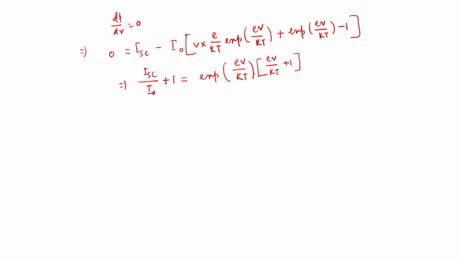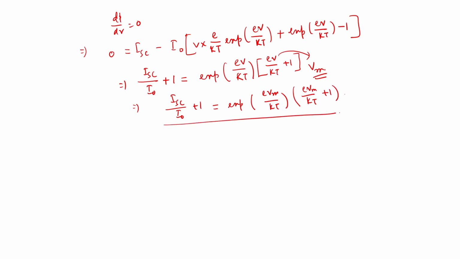And here this V is nothing but V max or Vm, right. So, this expression we can write again as ISC by I naught plus 1 is equal to exponential of EVm by KT, then EVm by KT plus 1.